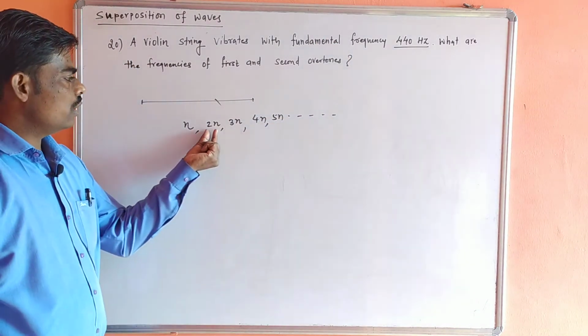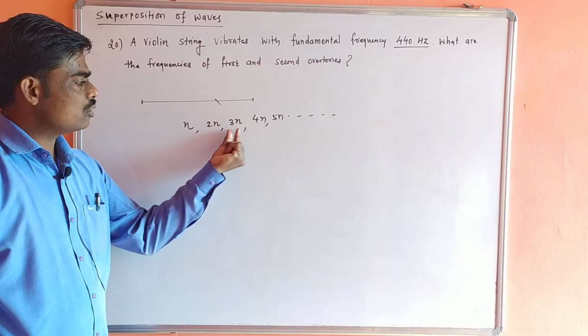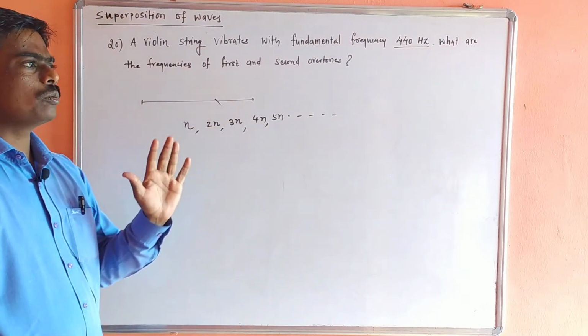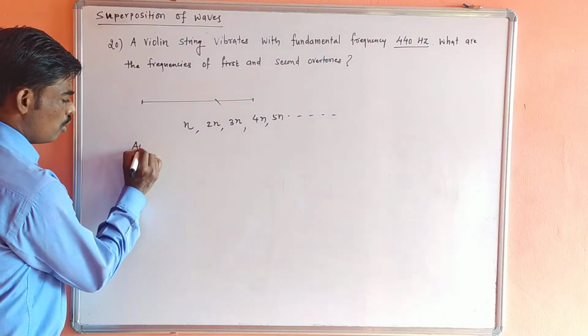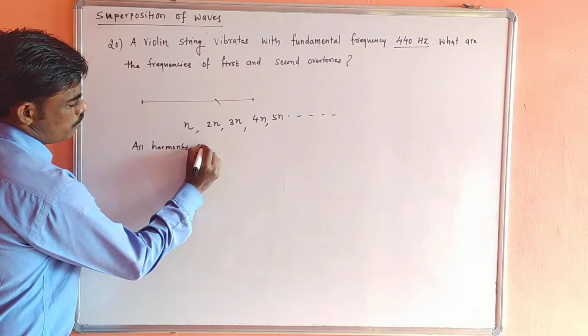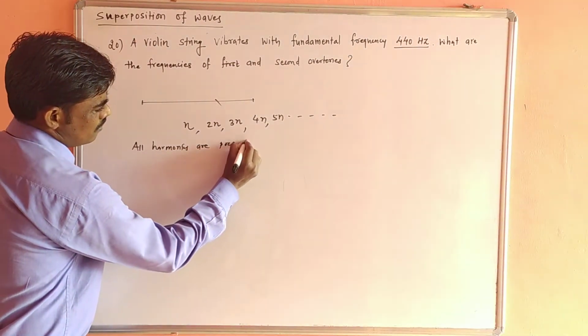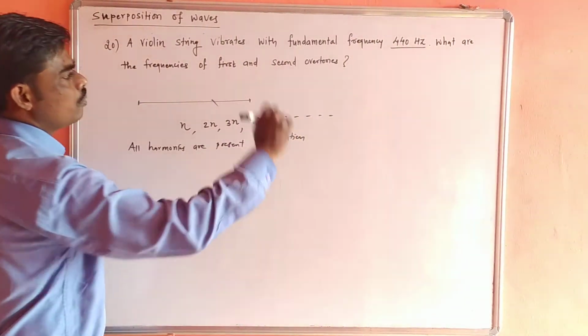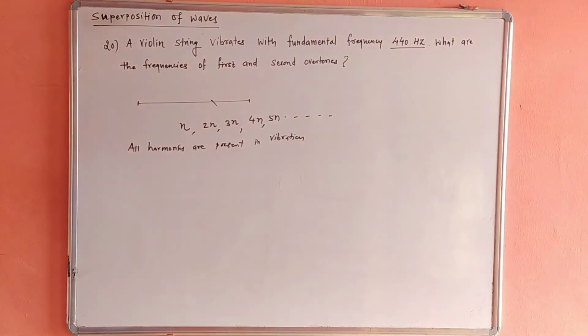Means even as well as odd harmonics are present in the vibration of string. So this is the hint of the problem: all harmonics are present in the vibration of string.